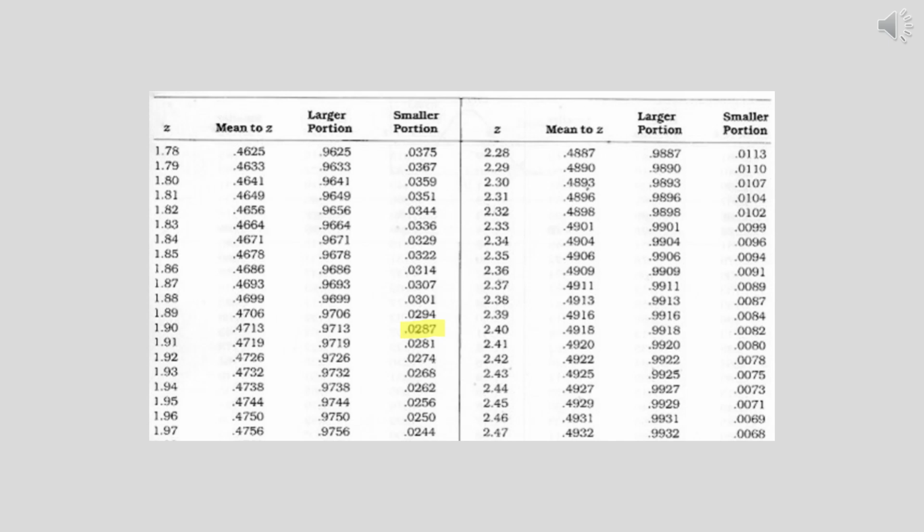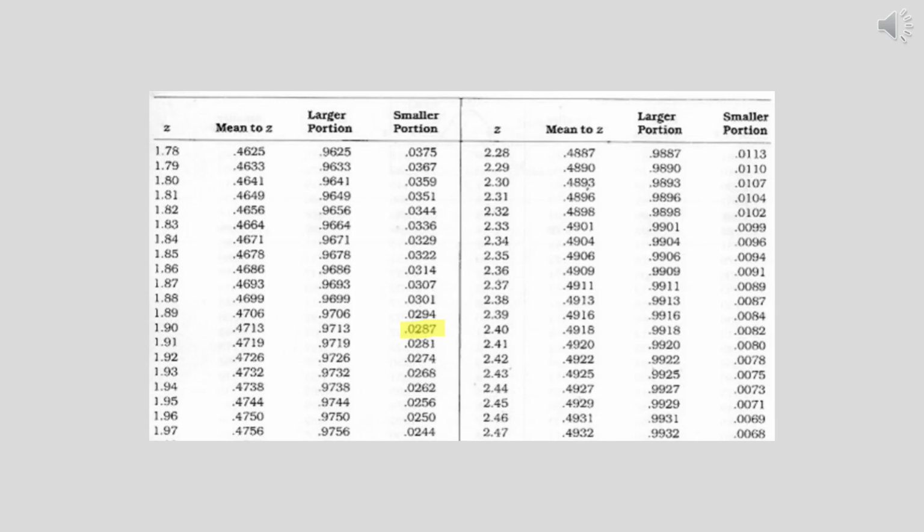Okay, so that is the difference between a one-tailed and a two-tailed test here. And what you can see is the p-value of 0.0287 is not less than 0.025.